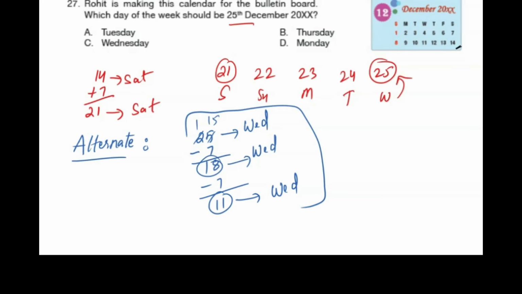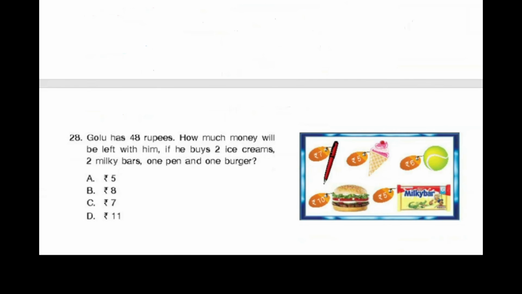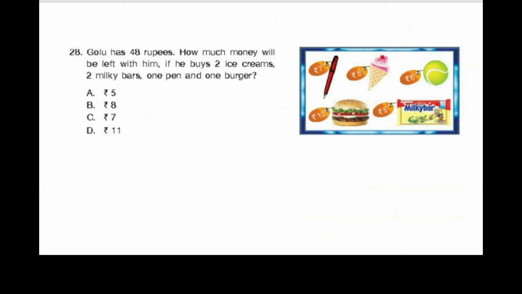Now let's switch to the next question, that is question number 28. Golu has 48 rupees. How much money will be left with him if he buys 2 ice creams, 2 Milky Bars, 1 pen and 1 burger? Okay, what he is buying? Items bought by Golu.